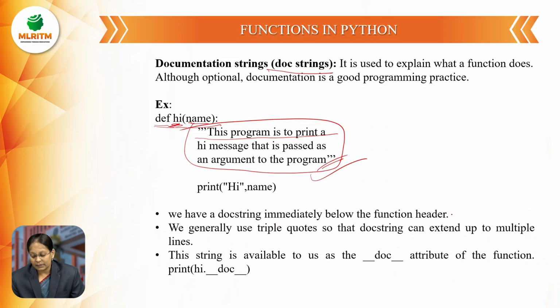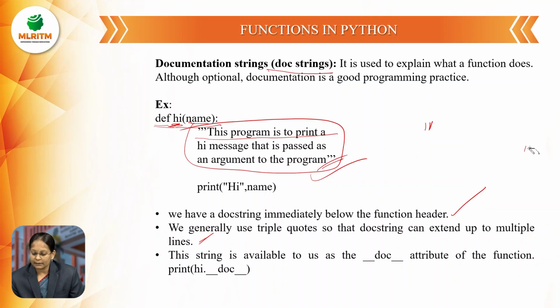So it is compulsory to write the doc string below the function header only, not above the function or below the statements of the function. We generally use triple quotes so that the doc string can extend up to multiple lines.